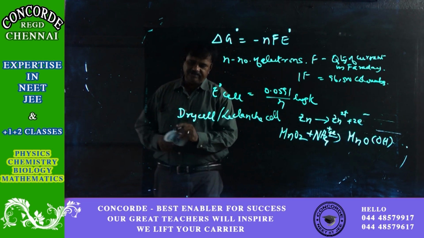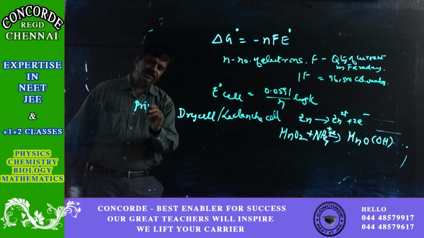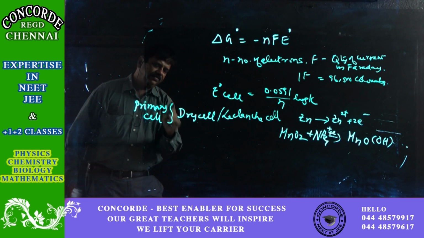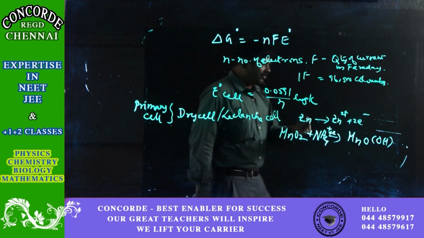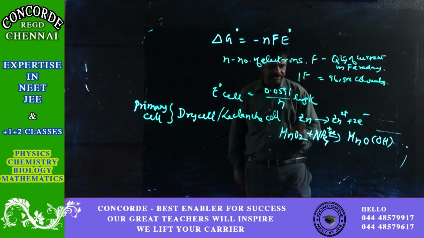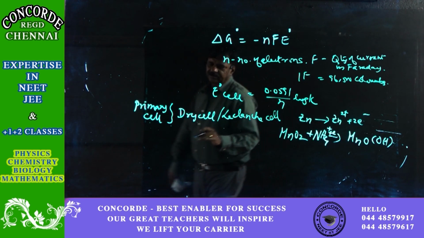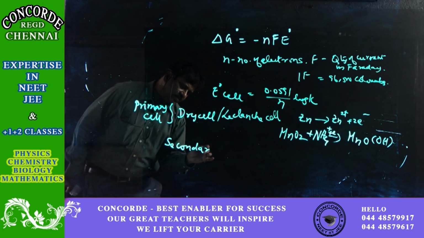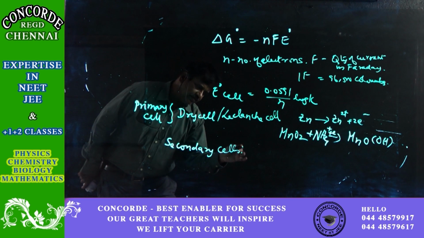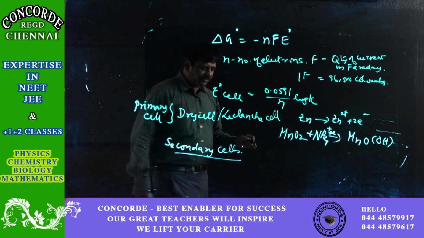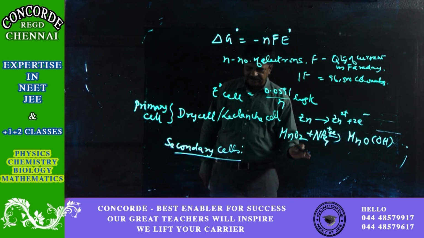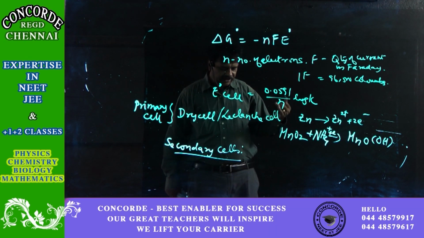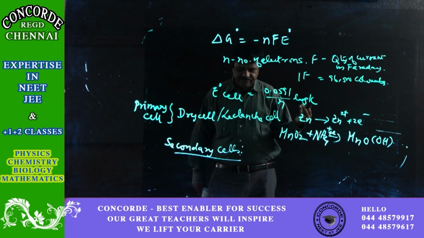So this is a primary cell, and there is also a secondary cell. What do you mean by a secondary cell? A primary cell has energy, and the energy dies down after some time, whereas secondary cells are called storage cells. What do you mean by storage cells? You would have come across these in your inverters or car batteries, where these storage cells first have to be charged.